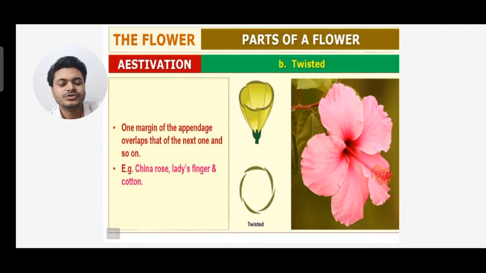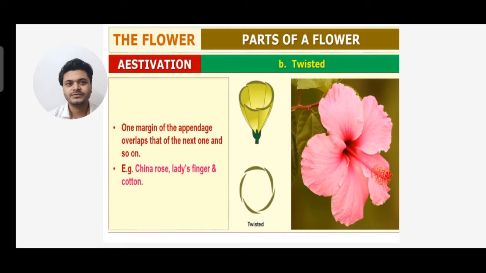Next, moving to twisted fashion. What happens in twisted? One margin of the appendage overlaps that of the next one, and so on. So one overlaps the other. It is a twisted fashion. One inside, another outside. Inside, outside. This fashion goes on. Examples are China rose, ladyfinger, and cotton.